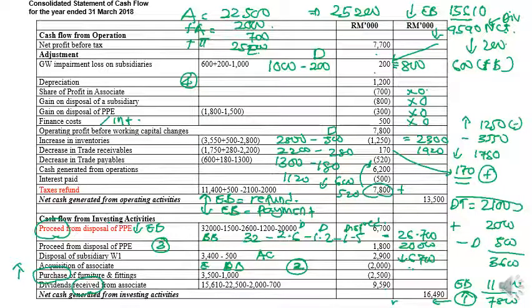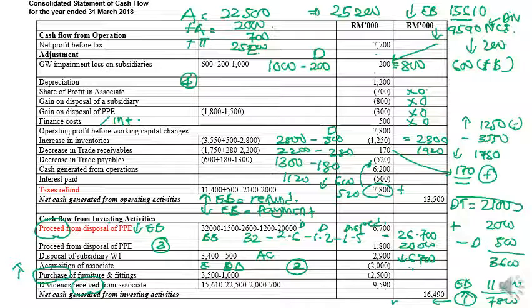Okay, 32 we're going to minus the one that you dispose here. This one is related with your PPE. 32 we're going to minus 2.6. Okay, minus 2.6, the one we dispose, and then minus 1.2 for depreciation. Okay, minus 1.5 here is the one that you dispose.